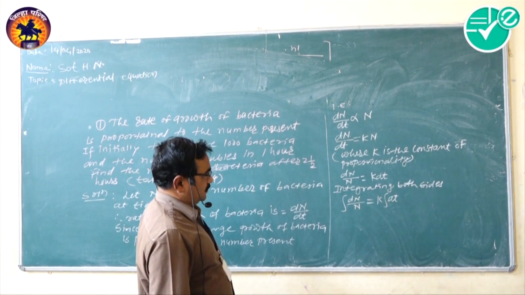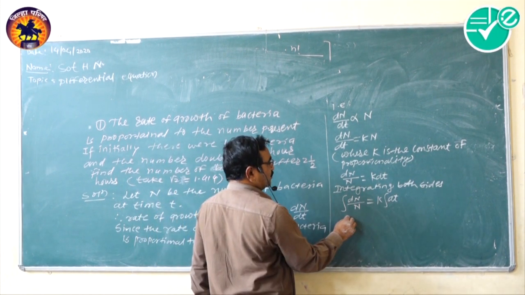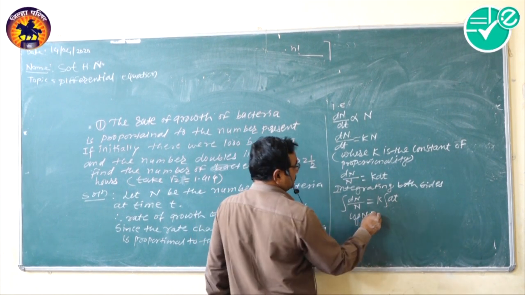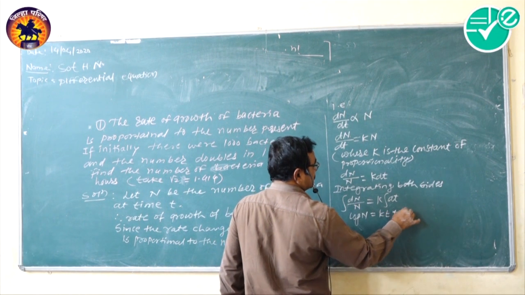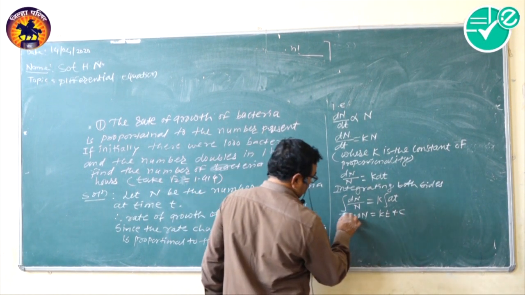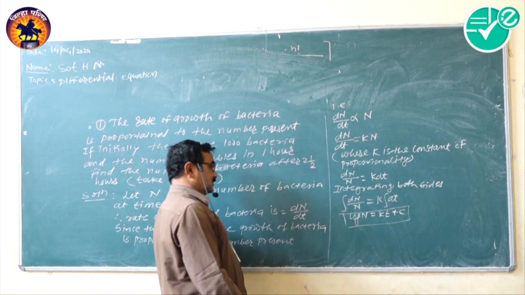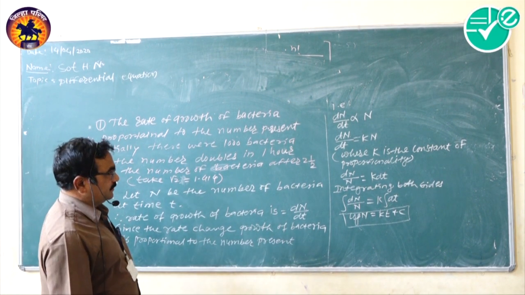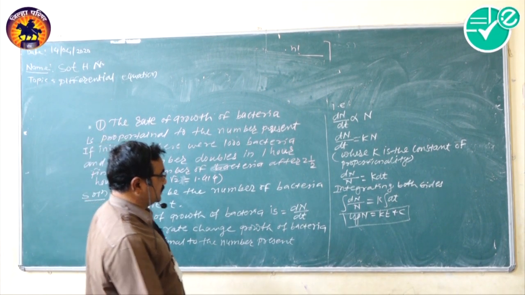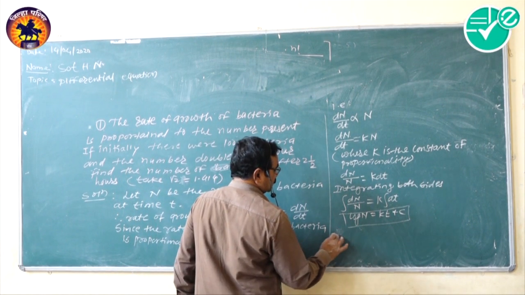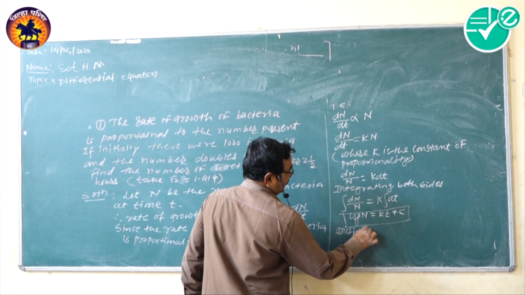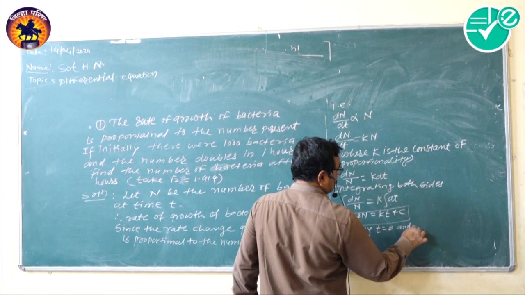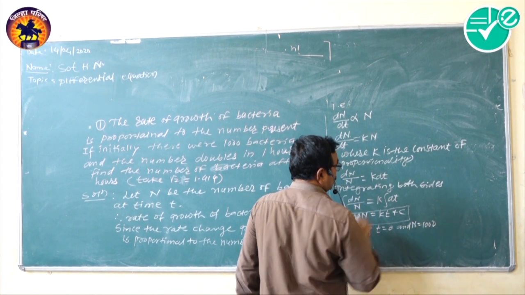The integration of 1 upon N dN is log of N equal to kt plus c. This is the relation between bacteria and time. Then initially t equal to 0 and N equal to 1000.